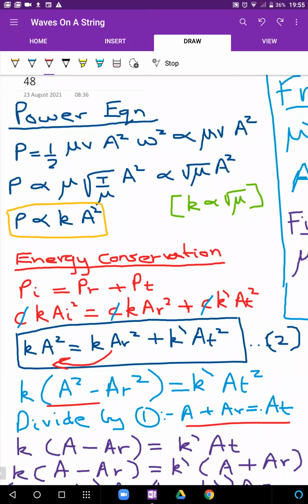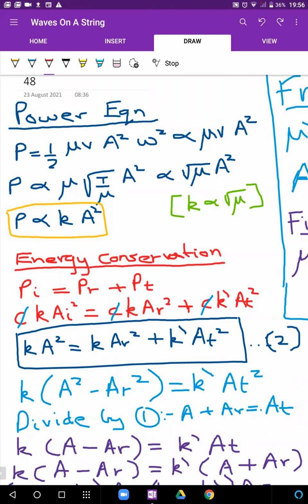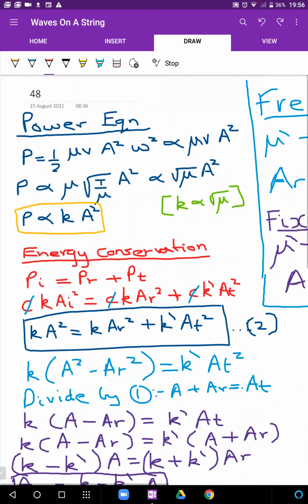I'm dividing this by A plus A R equal to A T. तो left hand side को जब A plus A R से divide किया तो A plus A R कट जाएगा and I'll only be left with A minus A R into k. I hope you saw that, है ना? The other thing is the right hand side को जब A T से divide करूंगा, k dash रह जाएगा, A T square में से A T कट के A T रह जाएगा. Okay, so we are just now solving those two equations simultaneously. Now that we have this, k times A minus A R is k dash A T.